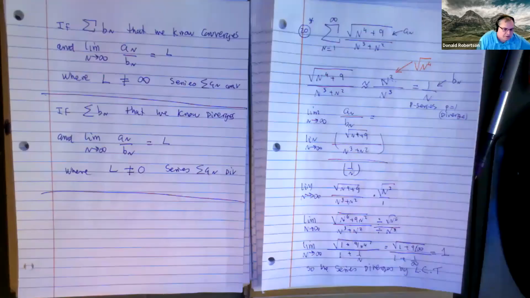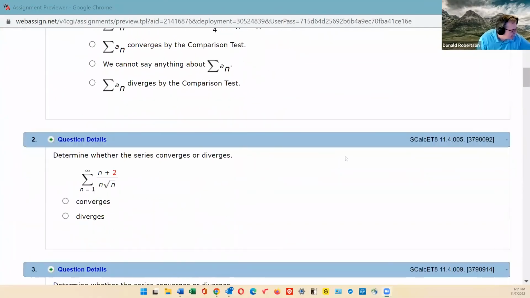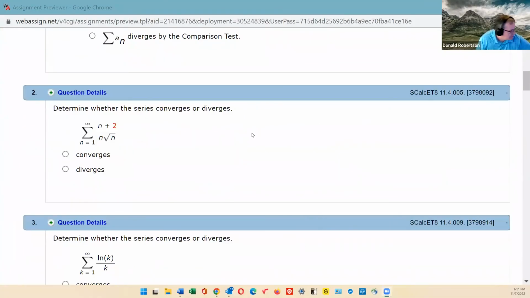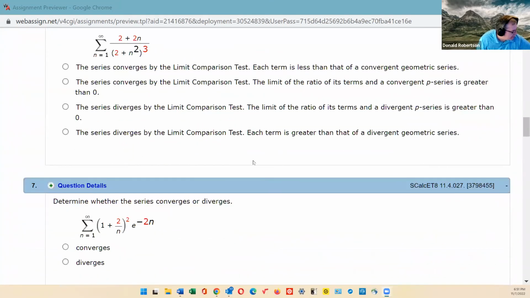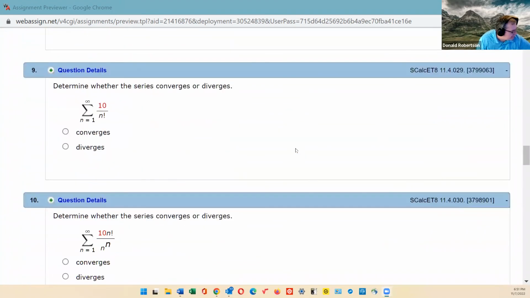Right, so I'm going to jump over and show you the homework for one last time. With the exception of question 1, have you noticed that all the answers just ask, for the most part, convergent or divergent?